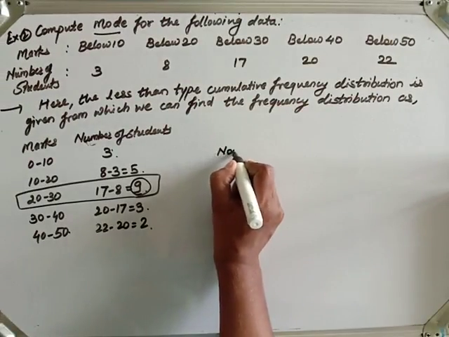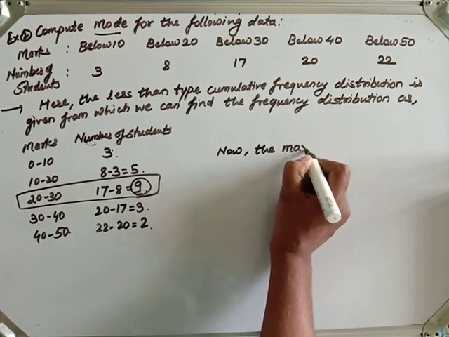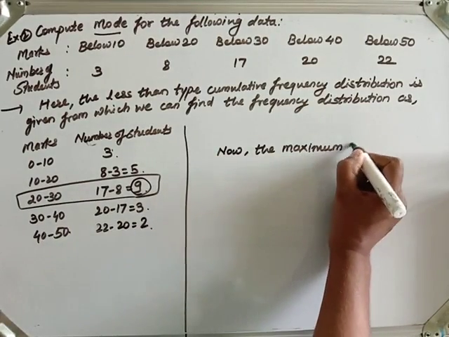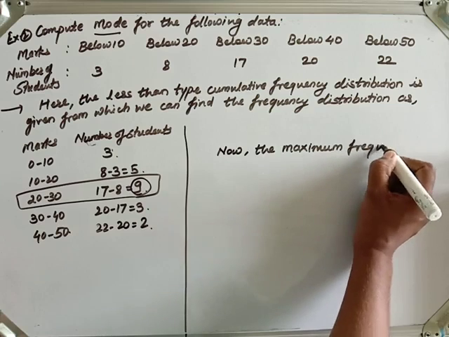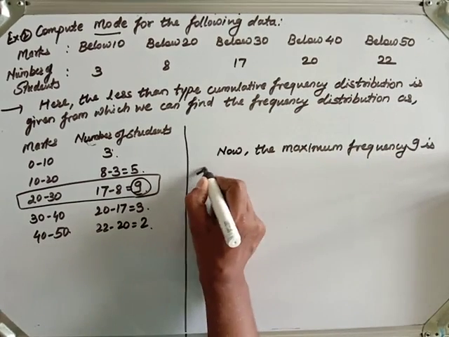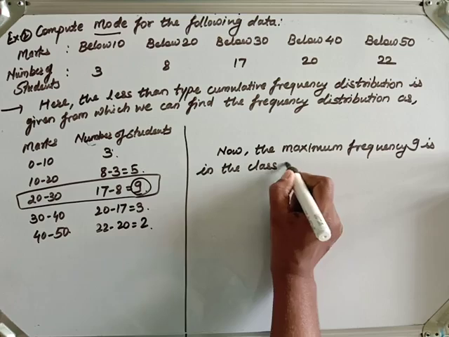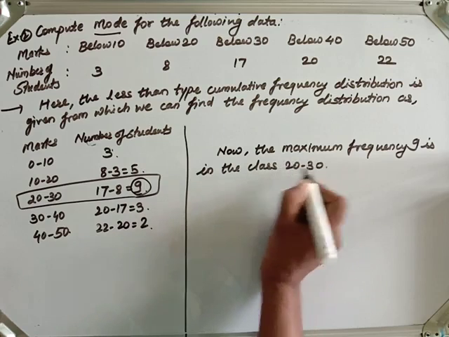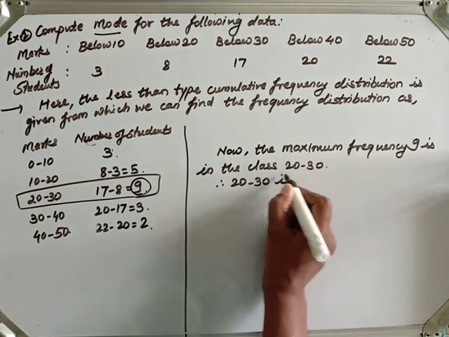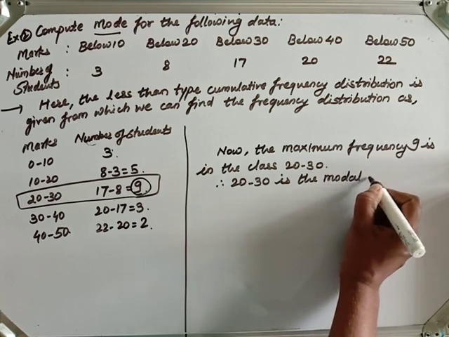Now the maximum frequency 9 is in the class 20 to 30. Therefore 20 to 30 is the modal class.